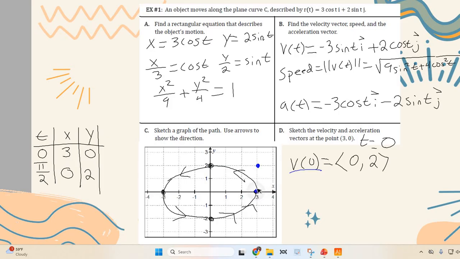So this is where I'm starting, and it is going to go towards 0, 2 from this starting spot. So it hasn't moved any horizontally, but it's moved up 2.